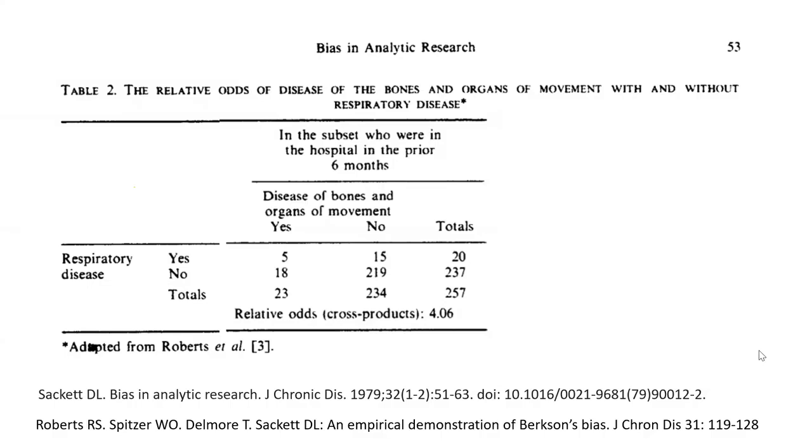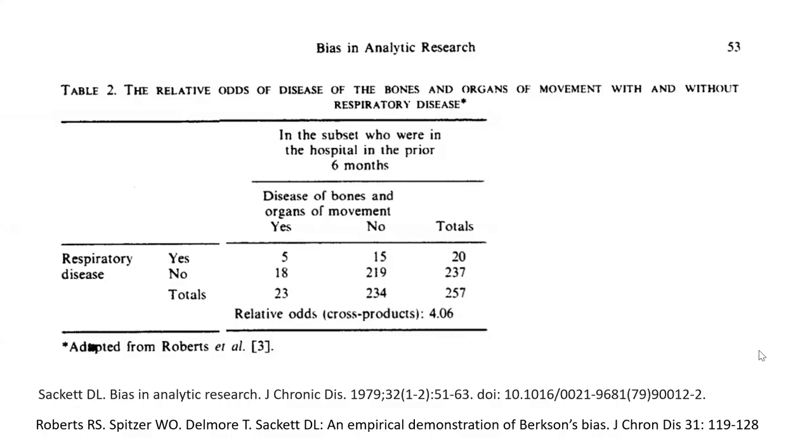There are two diseases considered. One is the disease of bones and organs of movement, so musculoskeletal disorders, and another is respiratory disease. So the research question is, what are the odds that individuals who have musculoskeletal disease have respiratory disease too? Do they have a higher odds of respiratory disease?